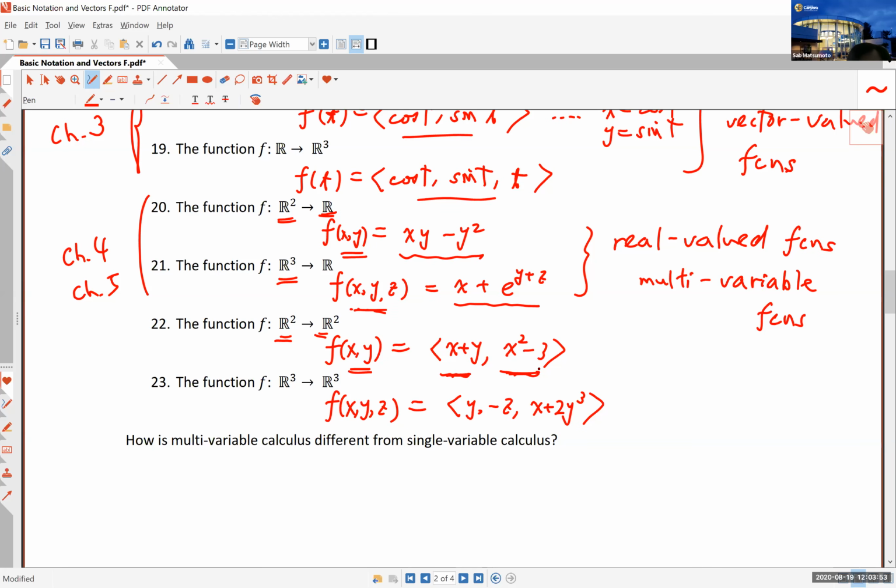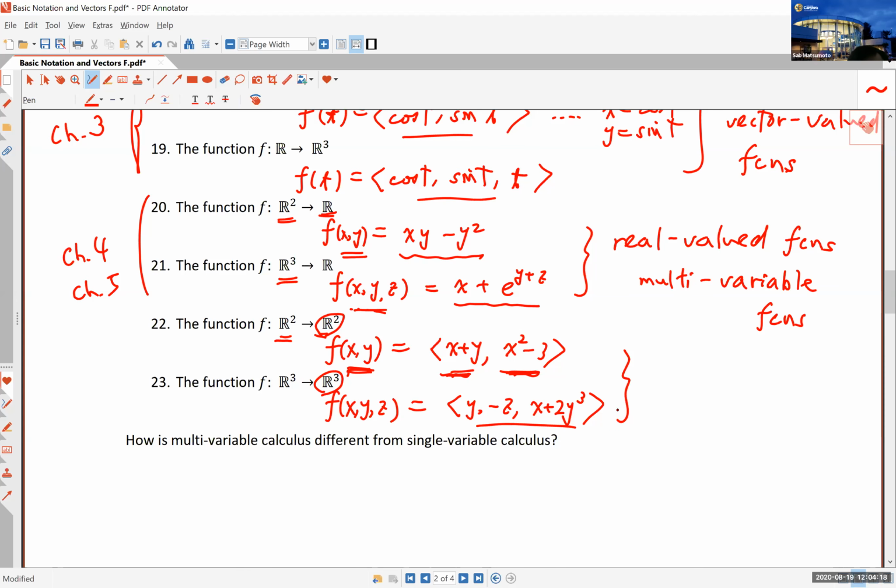And again, your example may be different, but you have to have two components here, and you have to have x and y as your element in the domain. These are not real valued anymore, right? Because this and this are not just a set of reals. For instance, this is a vector. So these are called vector valued functions.